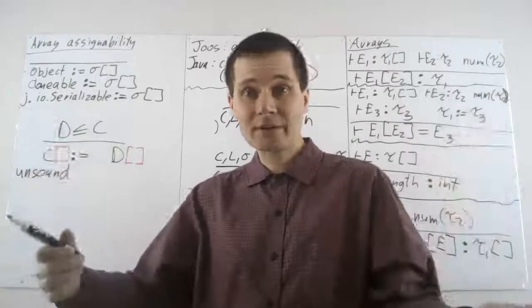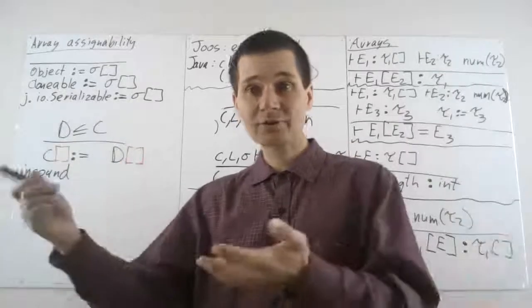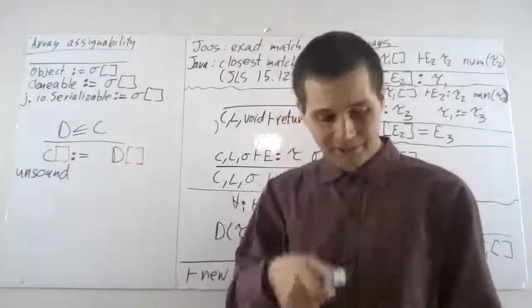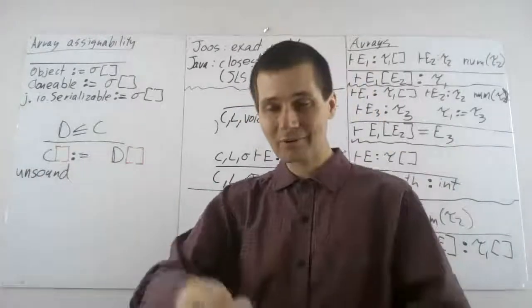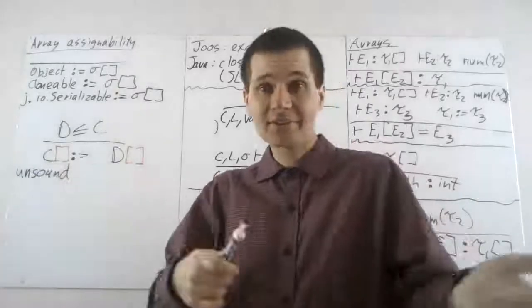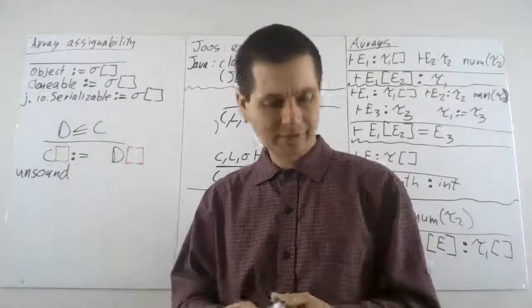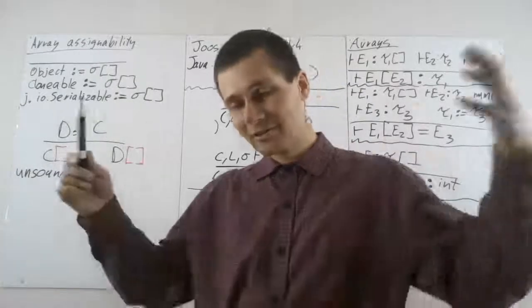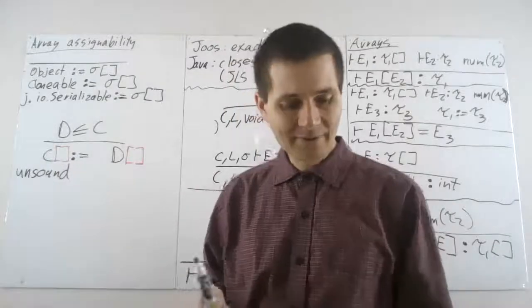And then see if it runs, and see if you can actually get an apple into an orange variable, or vice versa. You could get an orange into an apple variable. So try running it and see what happens.